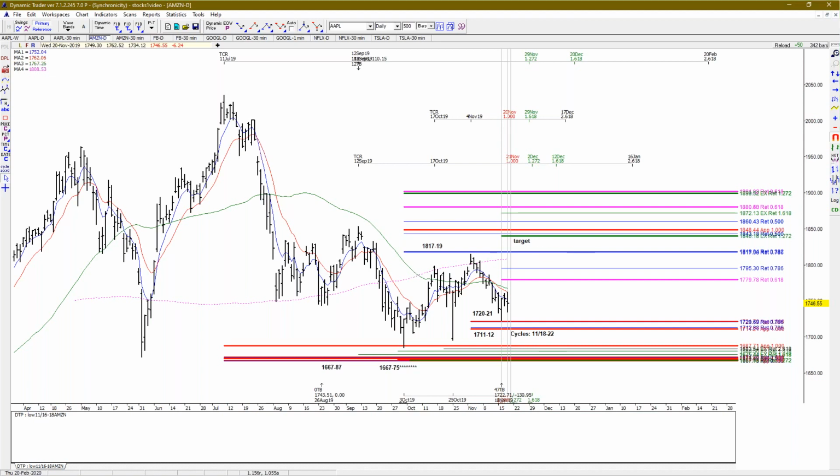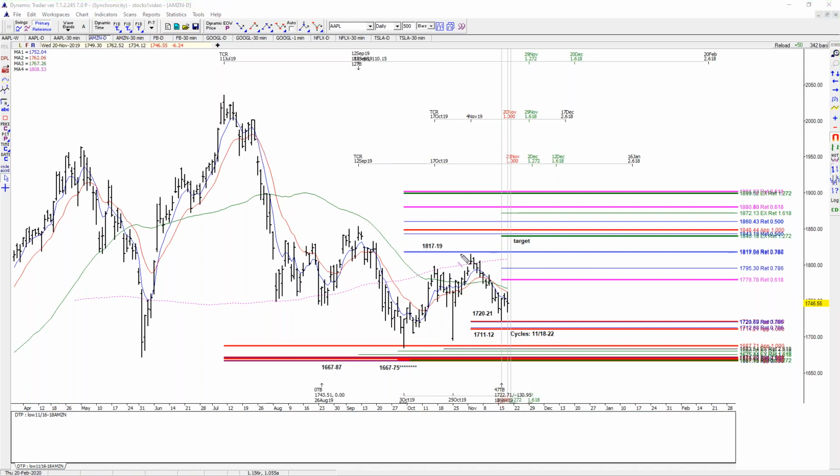So for example, if the indexes suffer more tomorrow, this could get blown away. But if we hold above it, target's at 1840. So I would look at where the market is currently, and then also what is the expected target to help you formulate a spread that you might want to use.